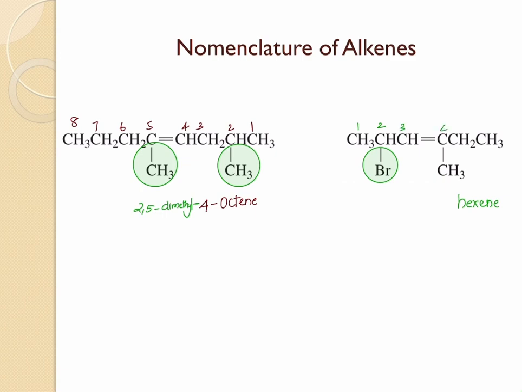So this would be the numbering for this molecule. And the double bond is at position 3. And then leaving that, we have a bromine at position 2 and a methyl group at position 4. So therefore, this is going to be 2-bromo-4-methyl-3-hexene.